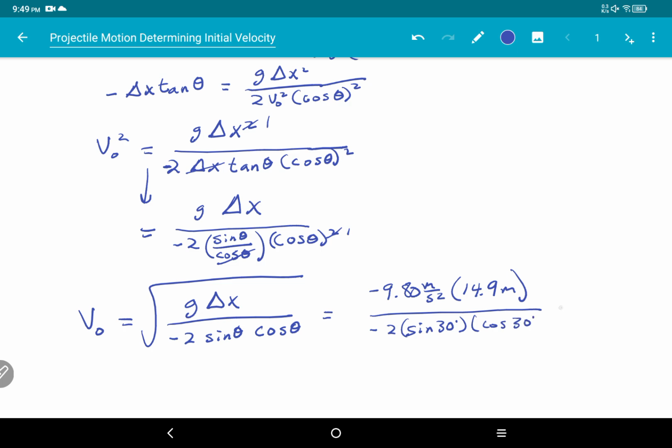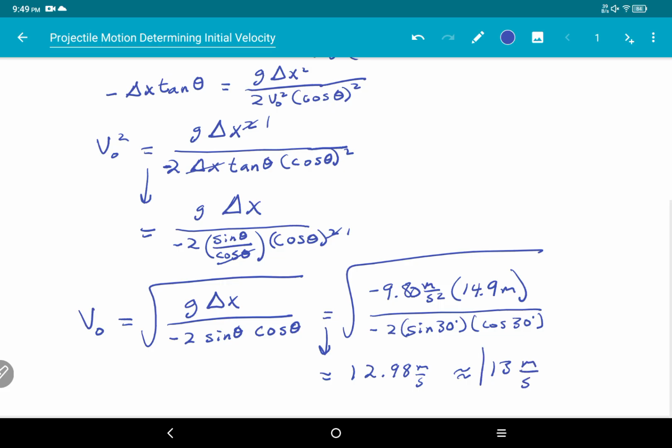Well, it was 30.0. Square root it, and we're going to end up with 12.98 meters per second, essentially 13 meters per second. So that is our initial velocity.